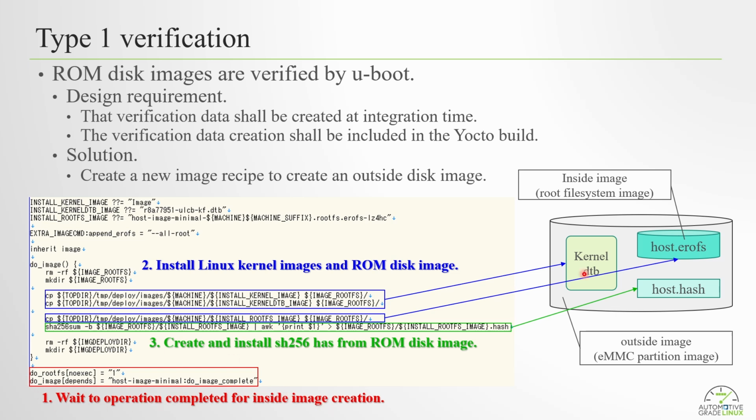Second, install the Linux kernel image and ROM disk images: install the kernel, DTB, and host EROFS images. After that, create and install SHA256 hashes from the ROM disk images, creating the hash data file.